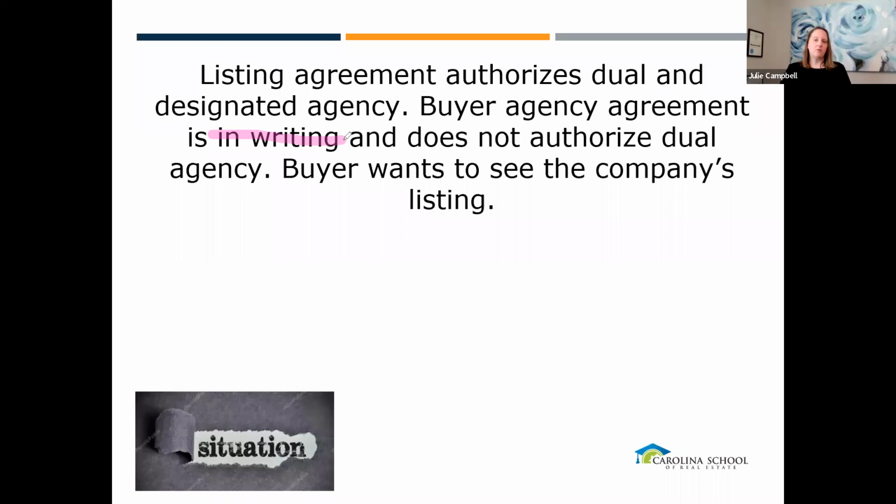You guys got to remember, when you meet buyers and sellers for the first couple times, you give them a lot of information. And we may have to go back and revisit some things, particularly when the situation arises, such as when your buyer now wants to see the company's listings. So just revisit it with them. Say, remember we talked about dual, you'd be sharing me with the seller, equal loyalty.